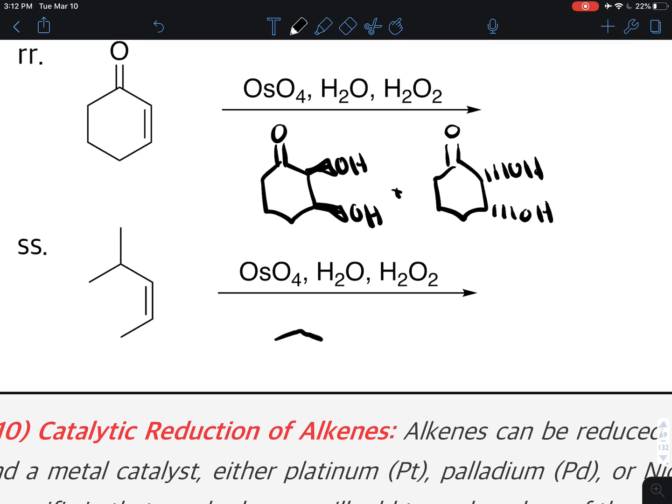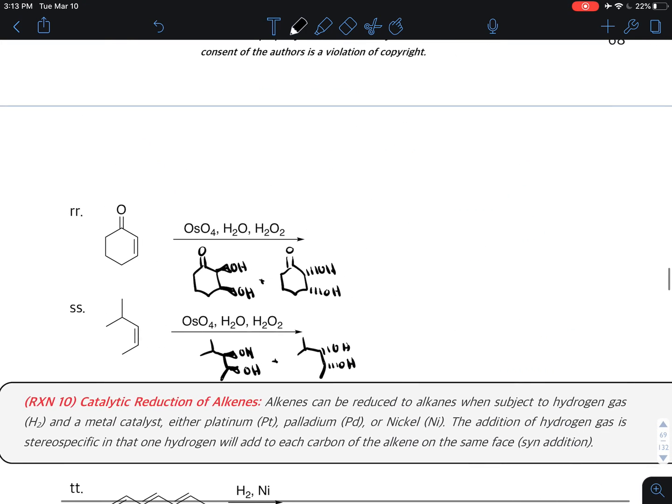Okay. Pretty easy. I think you guys are getting the trend right now. So same thing over here. They both could be on wedges or they can both be on dashes.